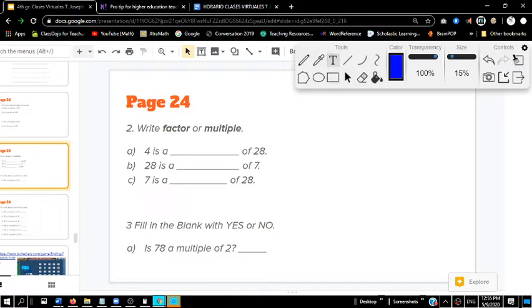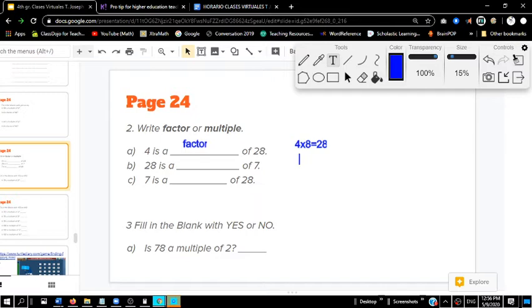Okay, well, if we found out that 4 times 7 equals 28, then we know that indeed 4 is a factor of 28. So we should put the word factor right there. Is 28 a factor or a multiple of 7?